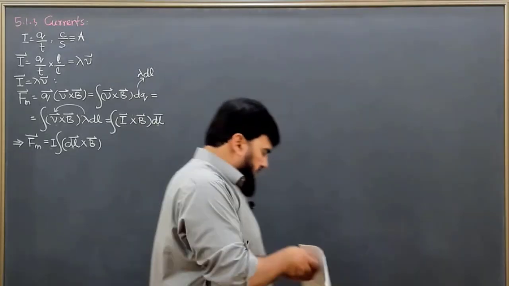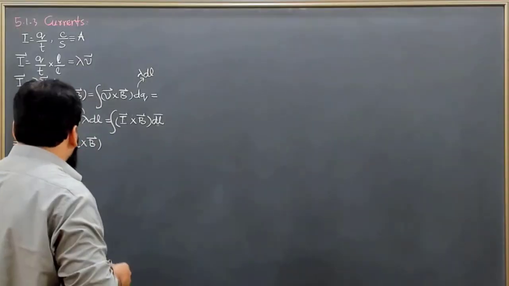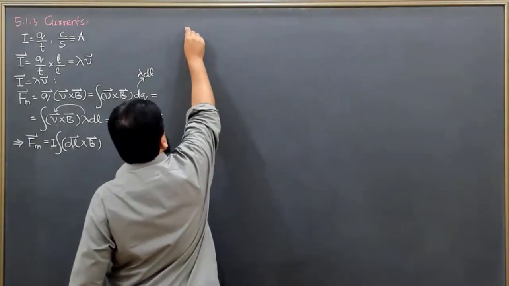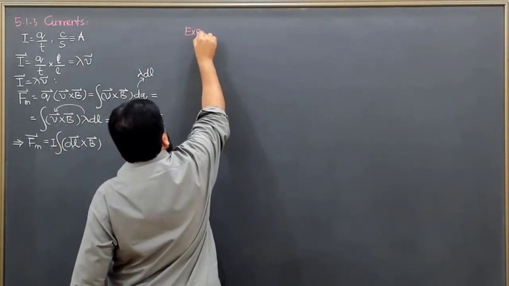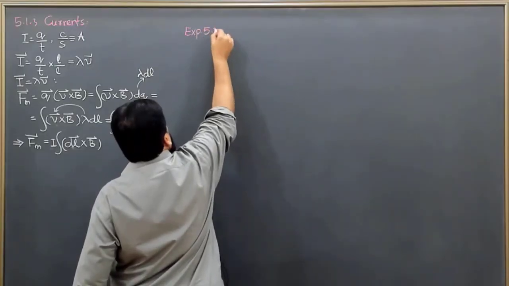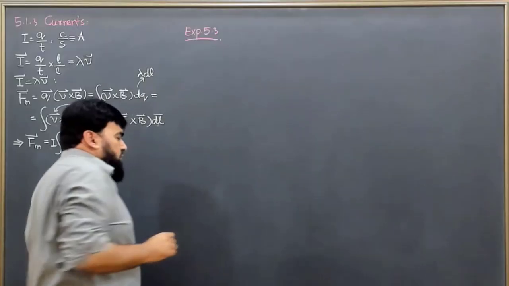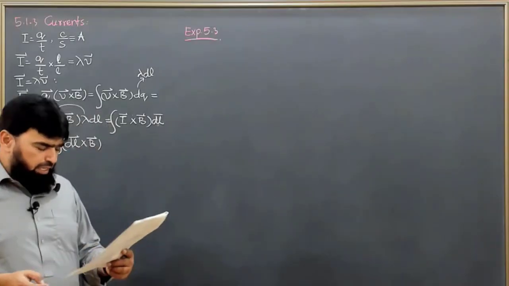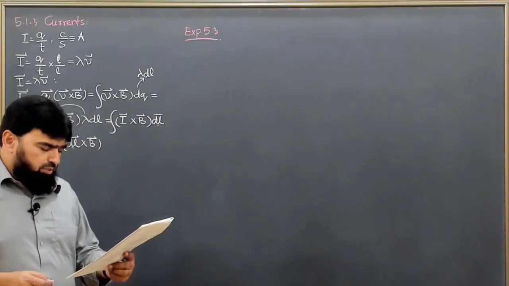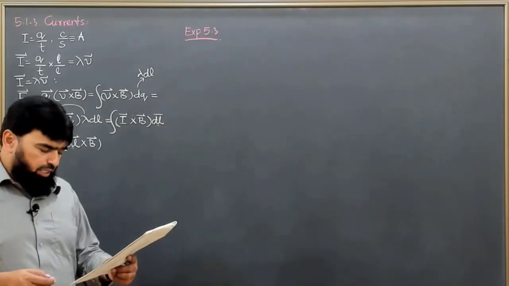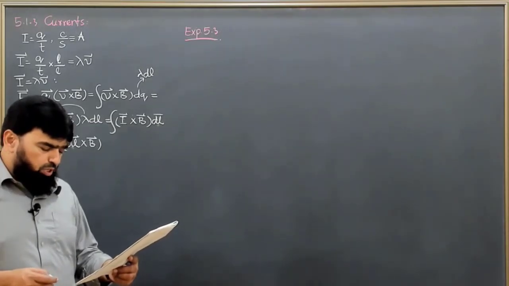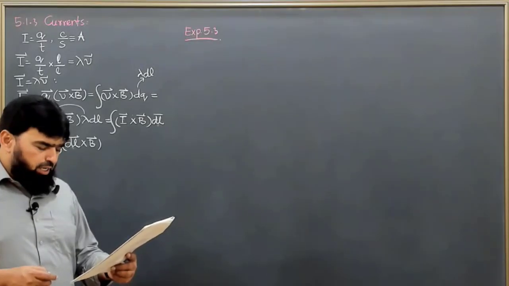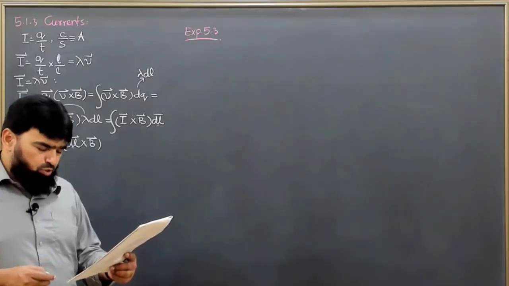And now it's time to move to the solution of example 5.3. Example 5.3 is very interesting, and the statement is: a rectangular loop of wire supporting a mass M hangs vertically with one end in a uniform magnetic field B, which points into the page in the shaded region of figure 5.10.